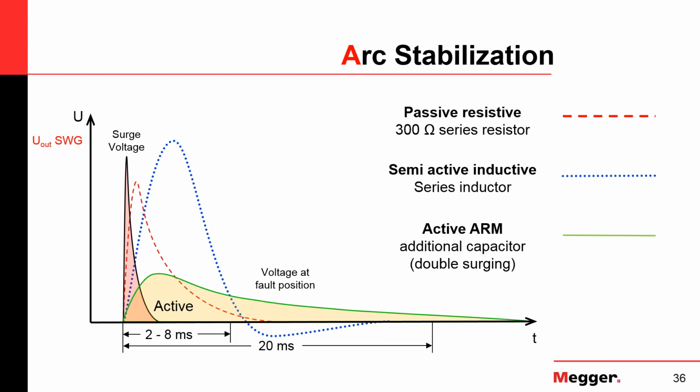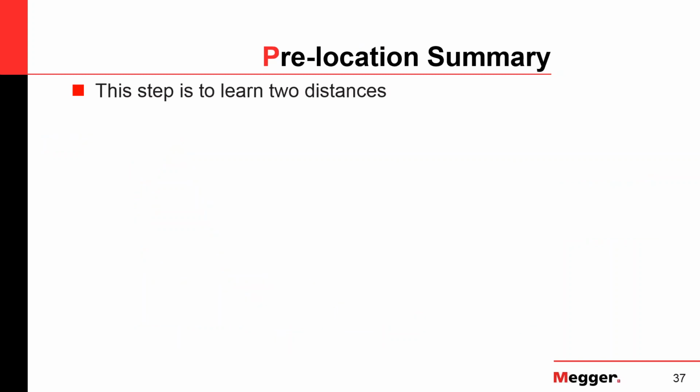And people refer to this as double surging. And one variation of that is the ARM plus. So there you can see why there is a filter for the arc reflection method. Actually, it is to make it possible to actually gain a good radar reflection from the fault position. Now let's summarize.